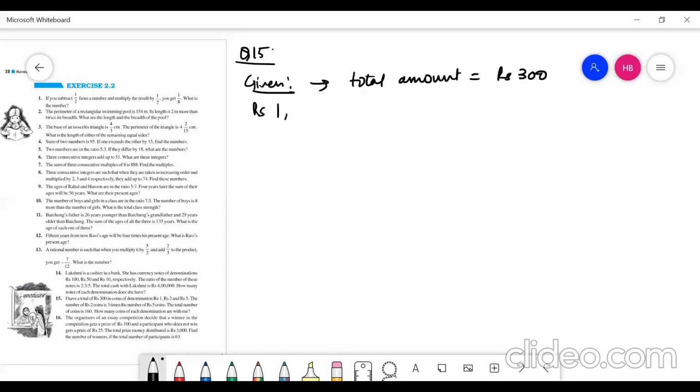So there are 1 rupee coins, 2 rupee coins and 5 rupee coins. The number of 2 rupee coins is 3 times the number of 5 rupee coins. Okay, this is another piece of information which is given to me.